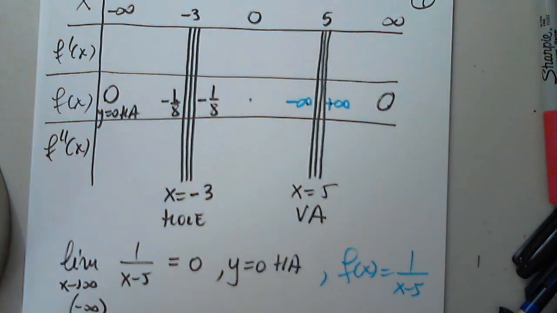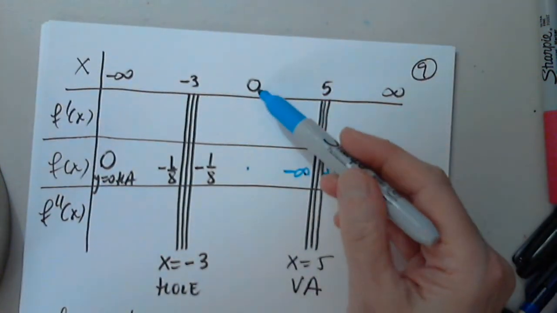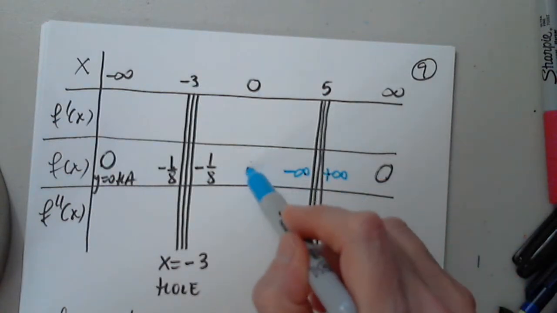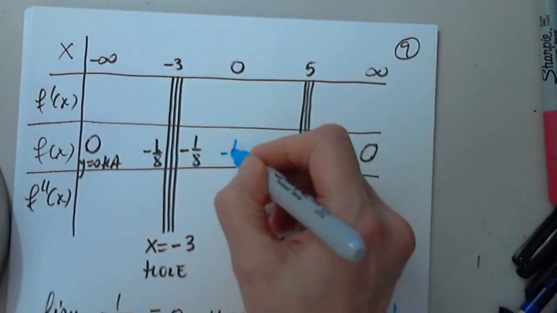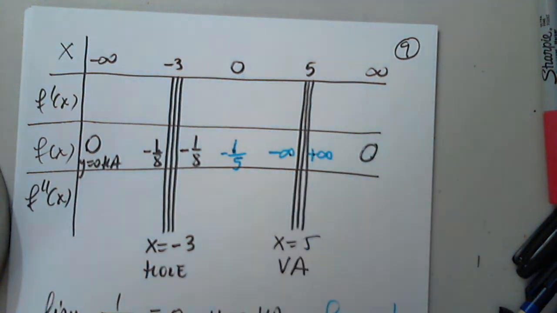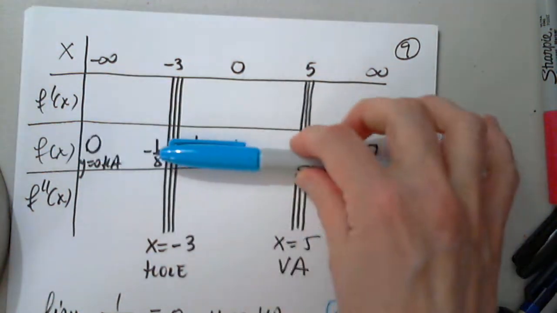Could you repeat that? Yes, we have to plug in 0. We have to find the y-intercept. Negative 1/5. Excellent.